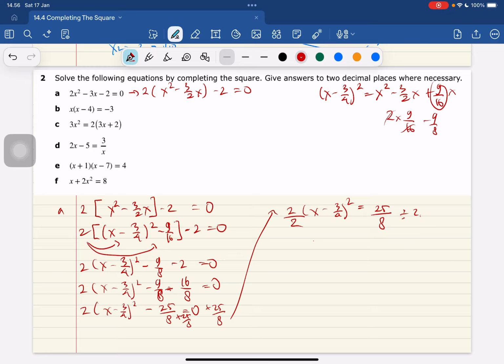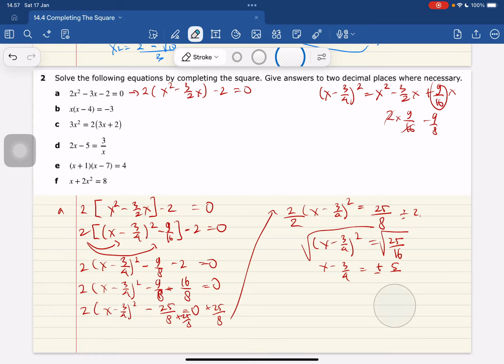So we will get x minus 3 over 4 squared equal to 25 over 16. To get rid of the square, we take the square root. So this is x minus 3 over 4 equal to plus minus 5 over square root of 16, which is 4.